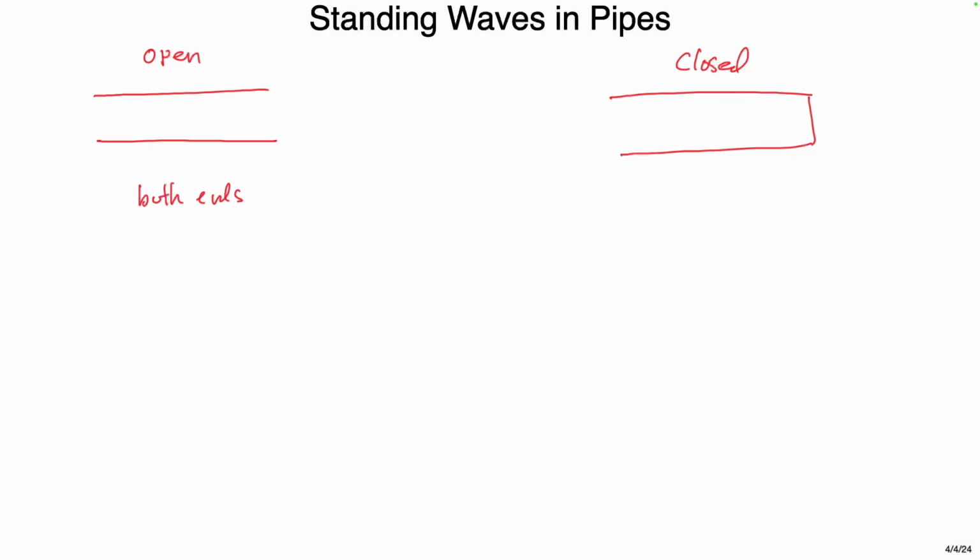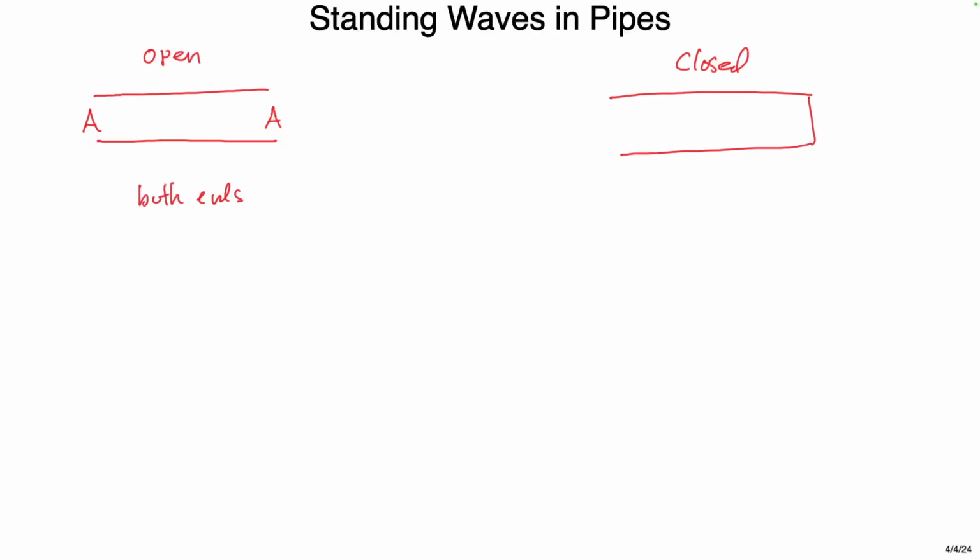The key difference here has to do with the boundary conditions. We talked about boundary conditions yesterday, where for the string, we had to have nodes on either side because the string is tied down. In an open pipe for a standing wave in air, the boundary condition shifts. You have to have antinodes at each end. The air is free to wiggle.